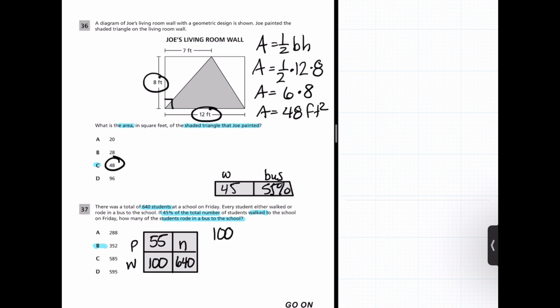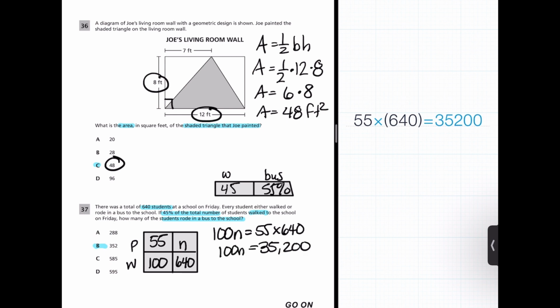So here's my equation. 100n is equal to 55 times 640. So 55 times 640 on my calculator is 35,200. It's equal to 100 times the number.